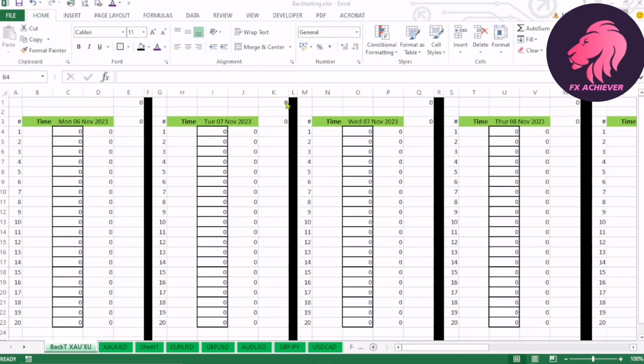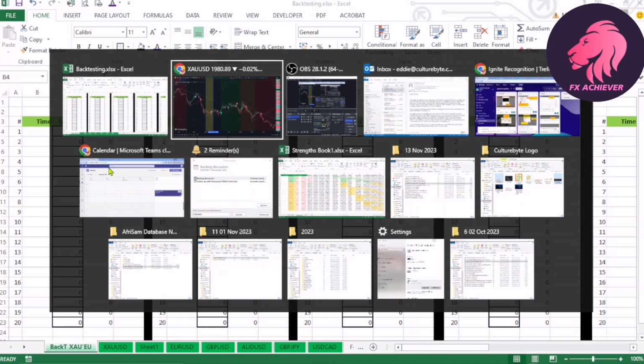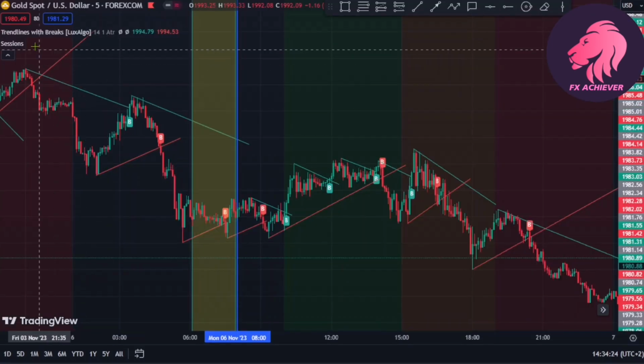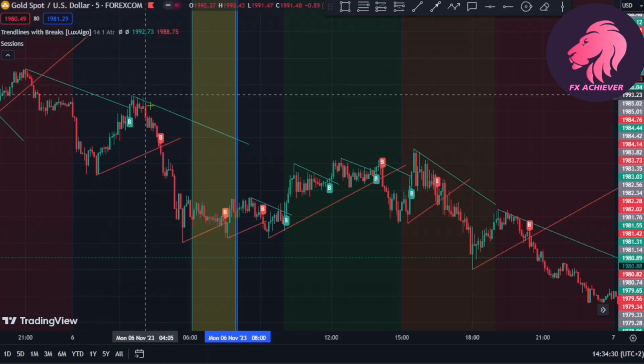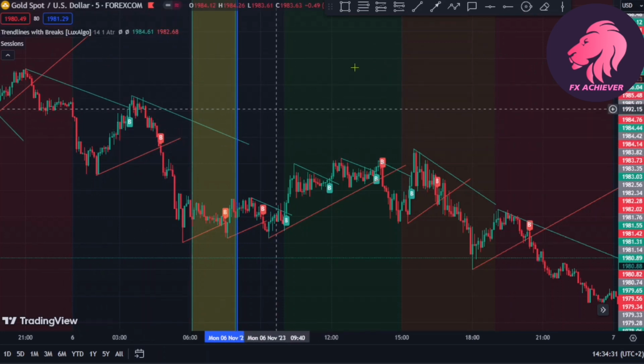On this strategy I record everything, like the time, the date, and the amount, as well as the profits. You will see as time goes how I conduct this strategy. So I'll be trading gold and I'll be backtesting gold.